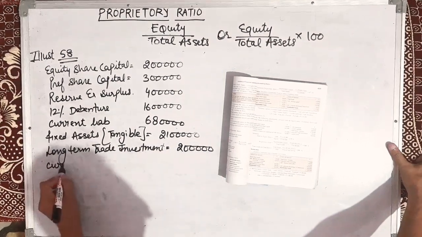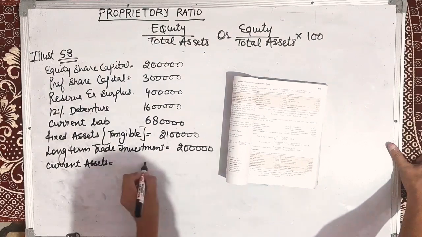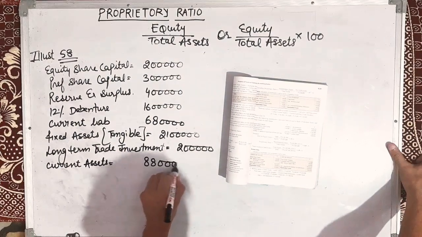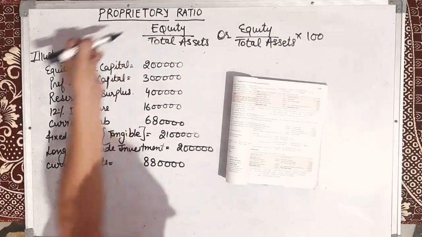Current assets is equal to 8,80,000. So as I told earlier, we need two components, equity and total assets.